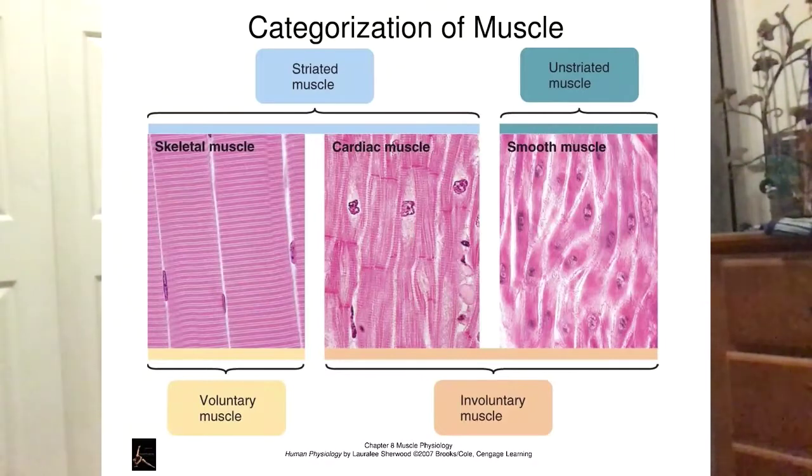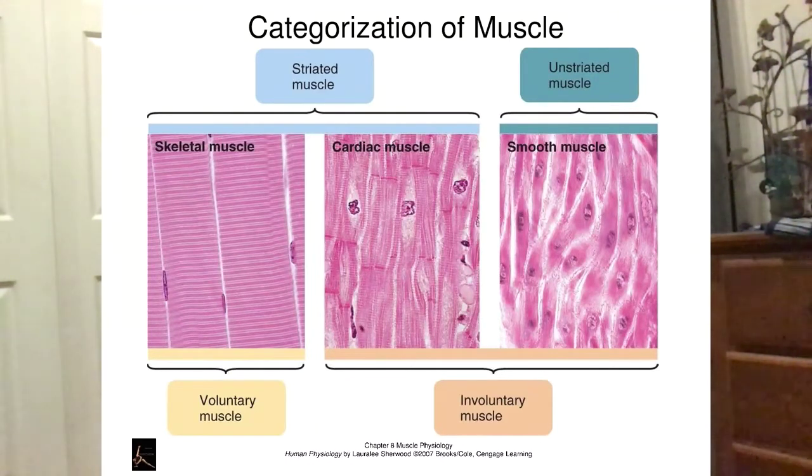So we say these muscle cells are striated because we can see those stripings in there. That's one way that we can categorize the three types of muscle. It's either striated, like skeletal muscle and cardiac muscle, or it's unstriated, like smooth muscle. Smooth muscle does not have this arrangement of the sarcomeres that we're going to look at today. It has the proteins associated with it, but they just have a different arrangement, so it doesn't show up as striped.